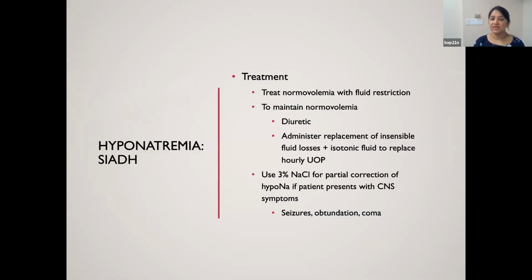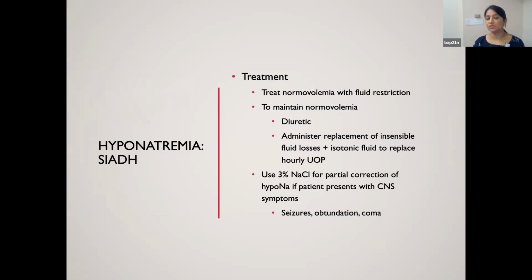Treatment, if they are normovolemic, you can do the fluid restriction. And if you need to maintain normal volemia, if they're edematous or something, then you can do diuretic therapy. At the same time, if you need to replace the insensible losses and hourly urine output, you can do that with normal saline in these cases.